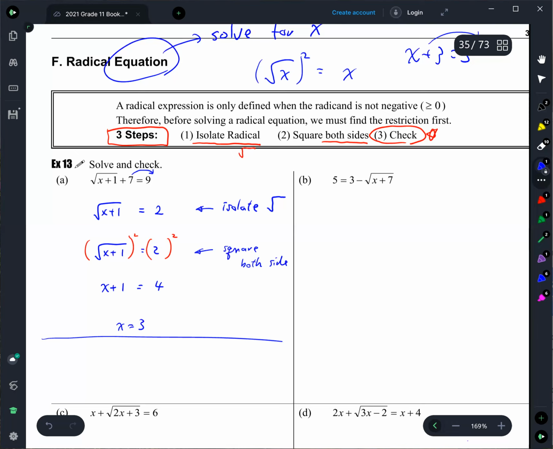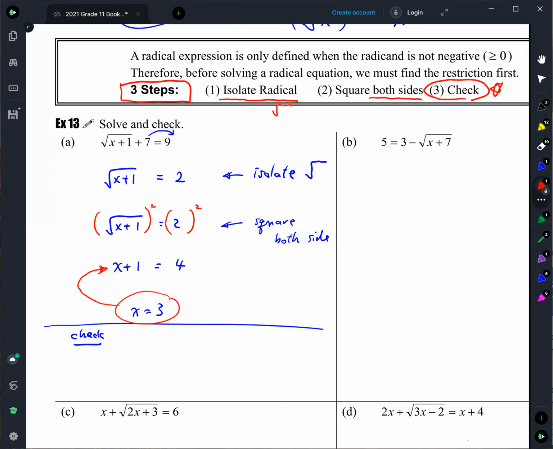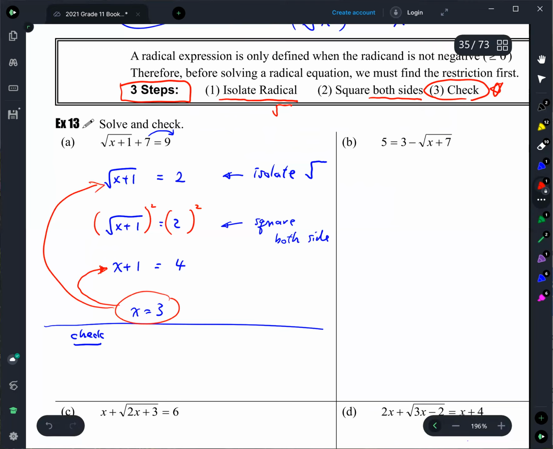Now we need to check. The reason why we need to check is that the answer you got here came from the one that has no square root. Sometimes it won't work for the original question, which is the one up there.